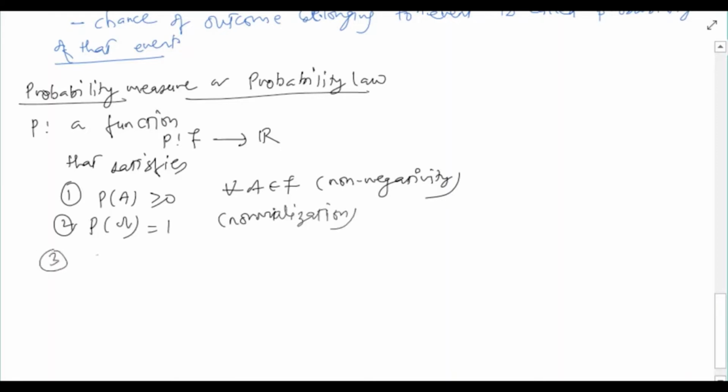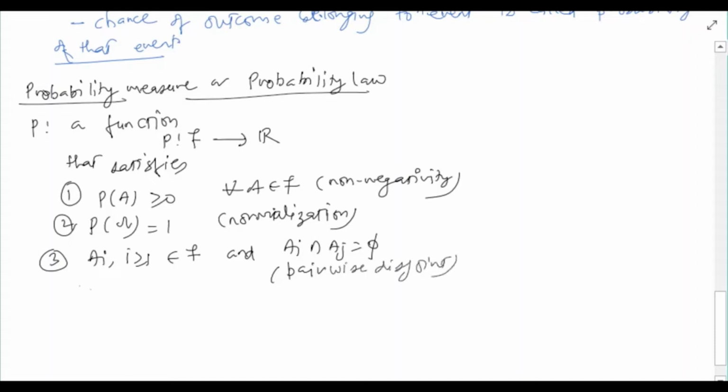And the third one is, if A_i, i greater than or equal to 1, belong to F and they are disjoint, that is A_i intersection A_j is empty set, they are pairwise disjoint, then probability of union of these events is sum of their probabilities.